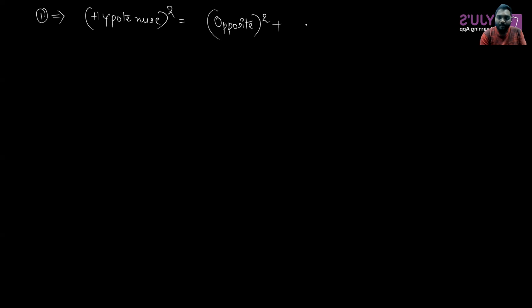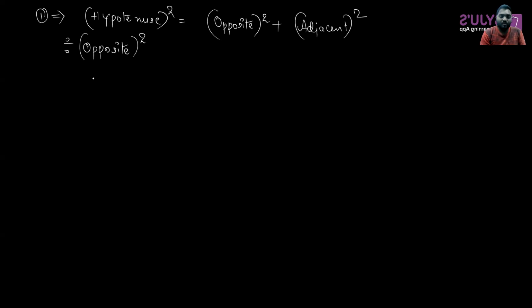Now in case 3 we will divide the equation 1 with opposite square. Let me write the Pythagoras theorem once again. Hypotenuse square equals to opposite square plus adjacent square, and let us divide the entire equation now with opposite square.